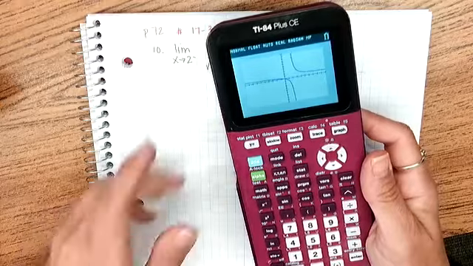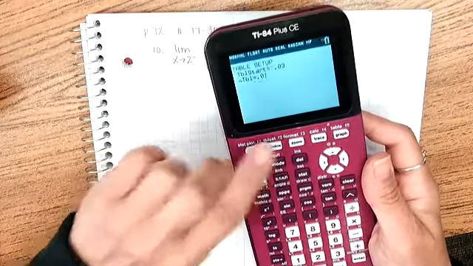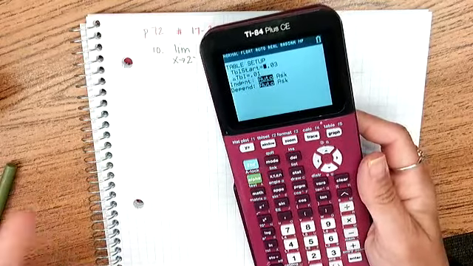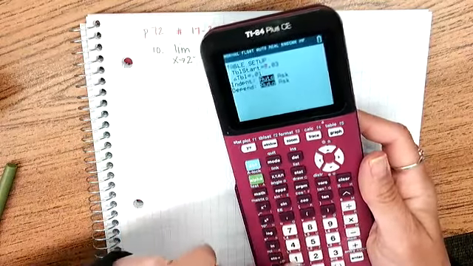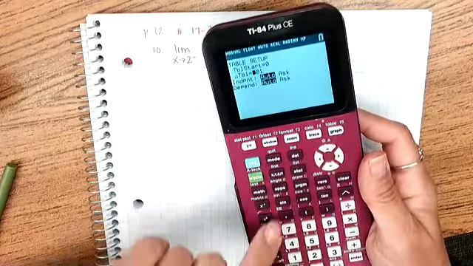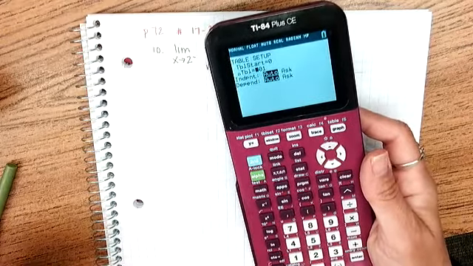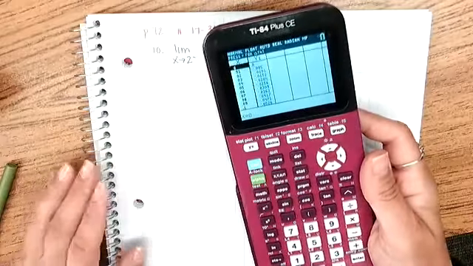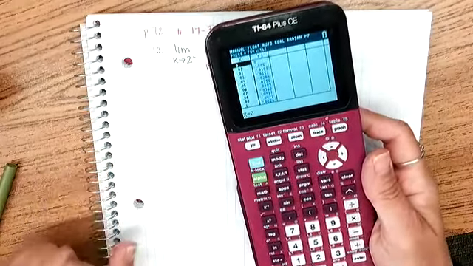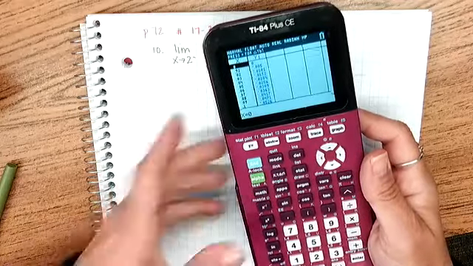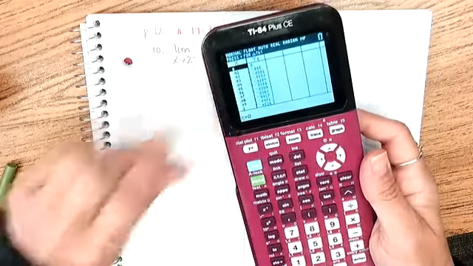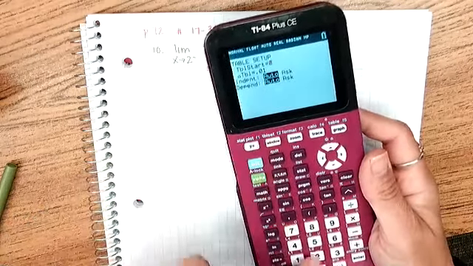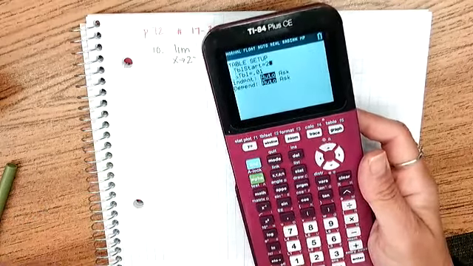How can you tell that on your table? I have my table set by 0.01. I'm going to start at 0, actually, no, let's leave it at 0.01. Let me go to my table and I want to know what's happening as x approaches 2 from the left. It's going to be a long time before I get to 2. So I'm going to go back to my table set and start at 2, which of course will say error.